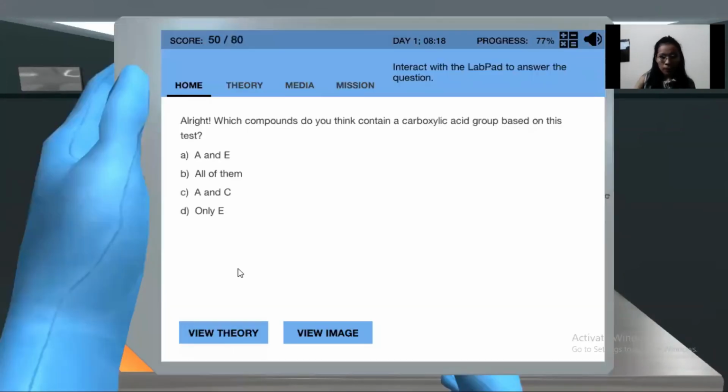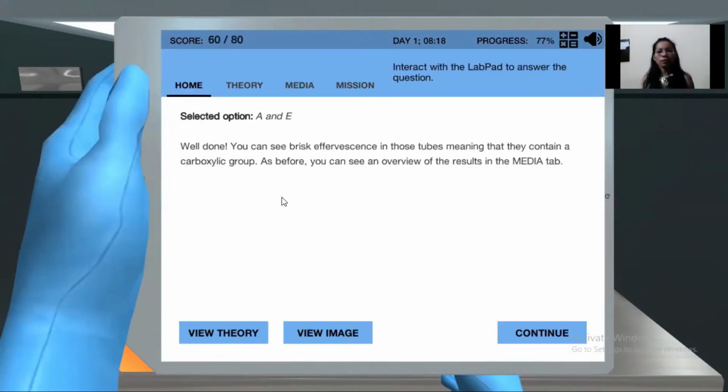Alright, which compounds do you think contain a carboxylic acid group based on this test? Well done. You can see brisk effervescence in those tubes, meaning that they contain a carboxylic group. As before, you can see an overview of the results in the Media tab.